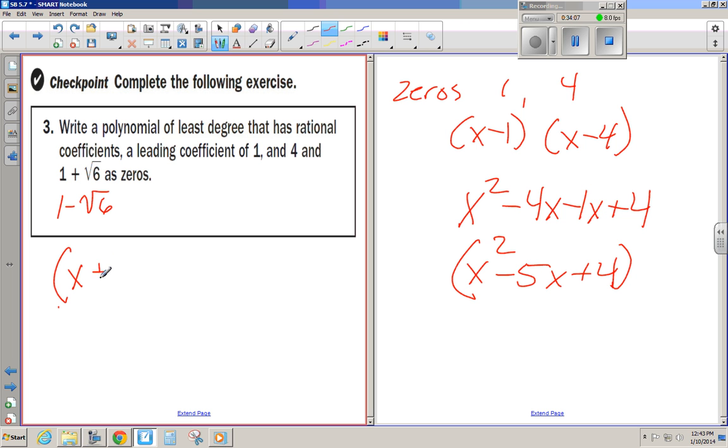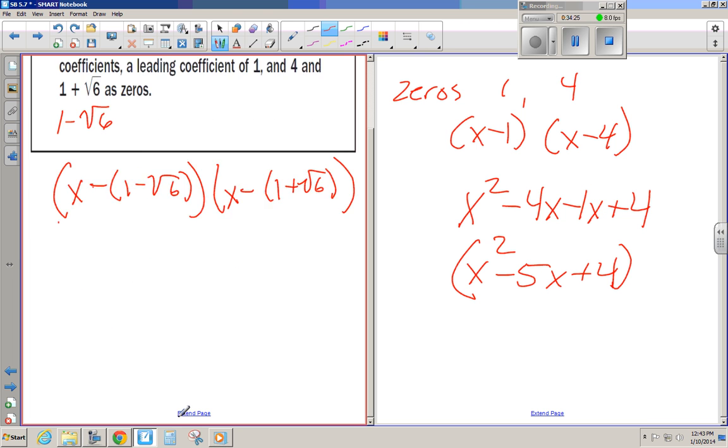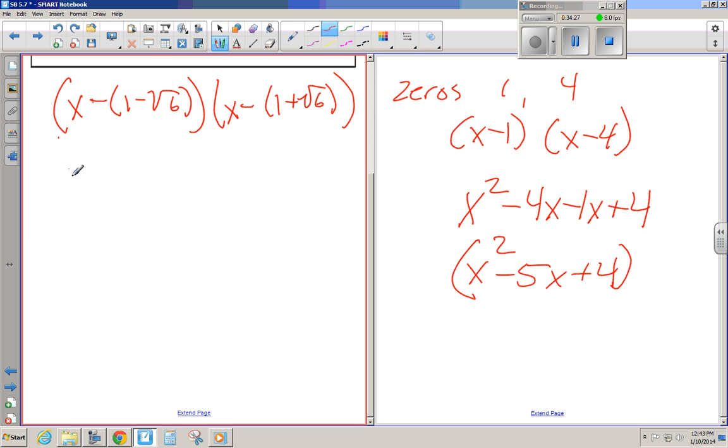x plus, or I'm sorry, x minus, and x minus, they're kind of opposites of each other. So I'm looking at this, it becomes x minus 1 plus square root 6, x minus 1 minus square root 6.